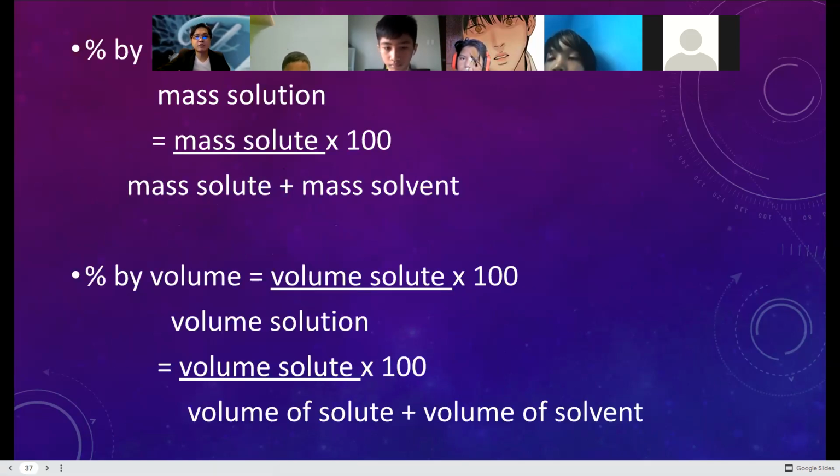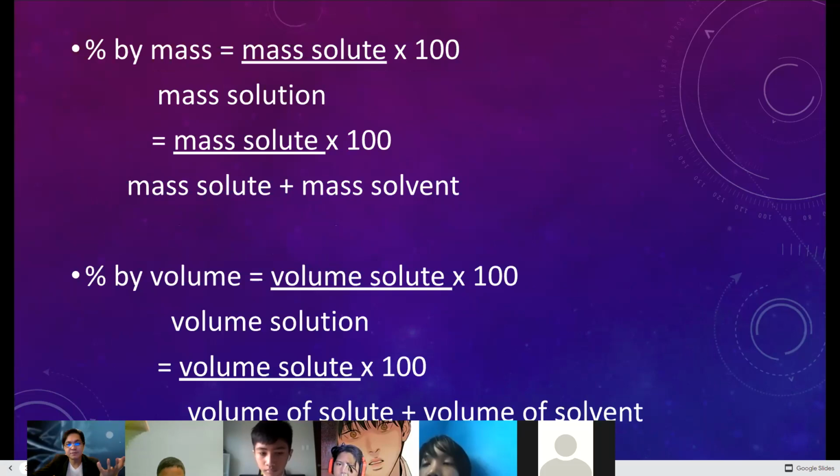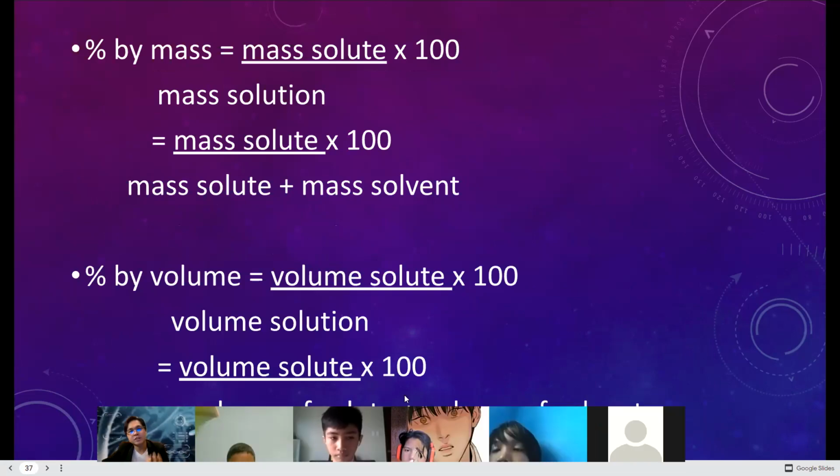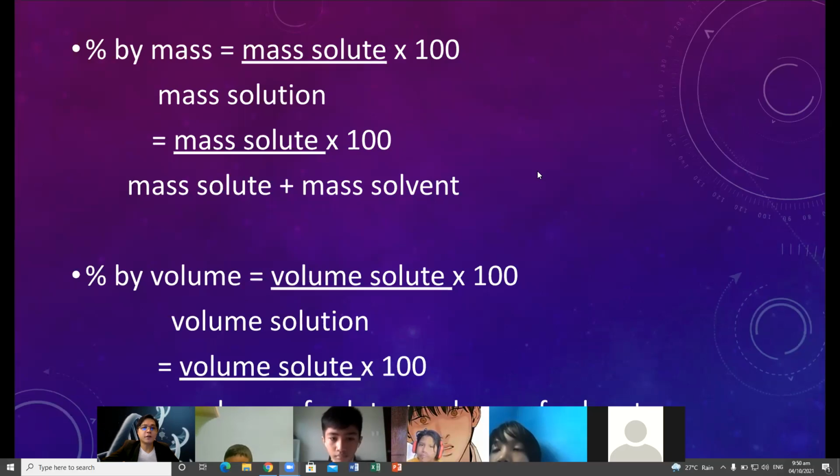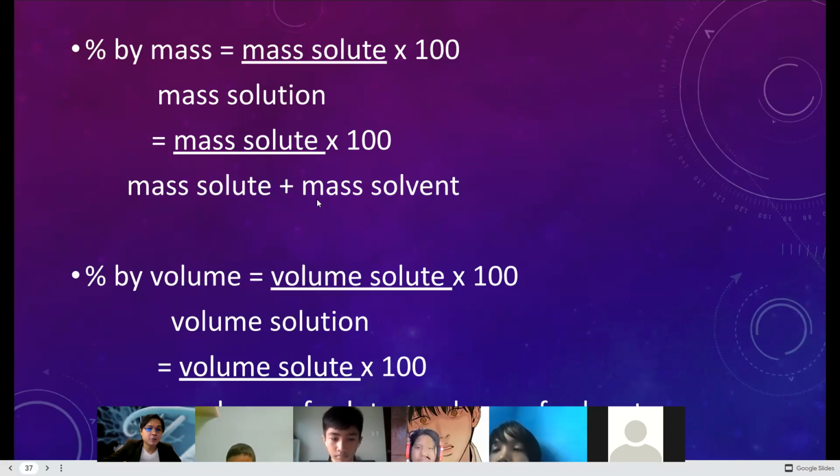Percentage by mass is equal to the mass of the solute, which you can actually measure in the laboratory, over the mass of the solution. Or it is equal to the mass of the solute times 100 over the mass of solute plus mass of solvent. Again, how can we get percentage by mass?